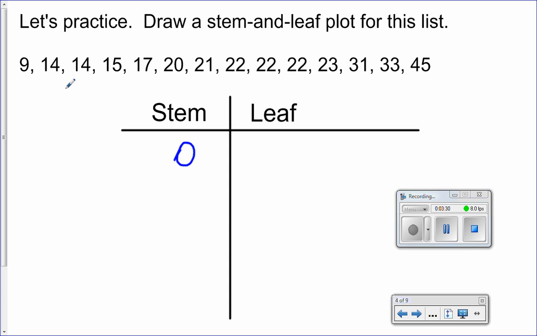So of course, looking at the number 9 right here, we'll put a 9 under the leaf column. And then again, we'll know that this just means the number 9. Okay, so pause the video and then try entering the rest of this list into the stem and leaf plot, and we'll go over this in class tomorrow.